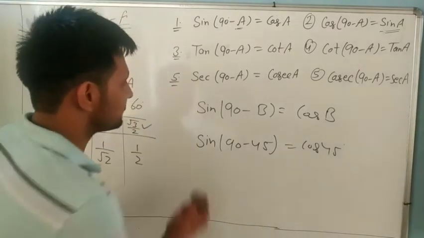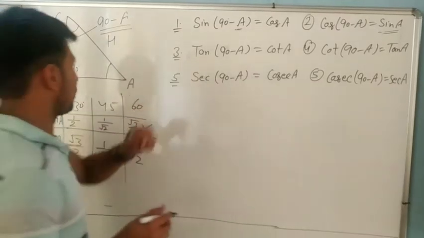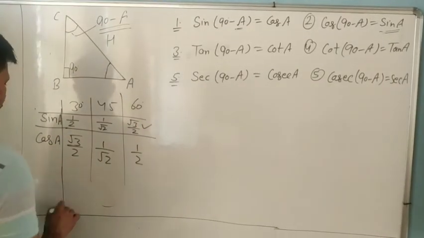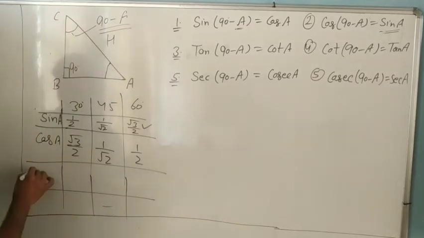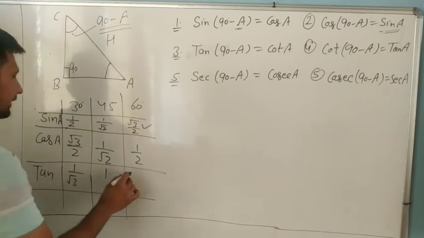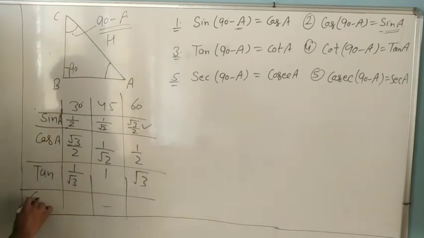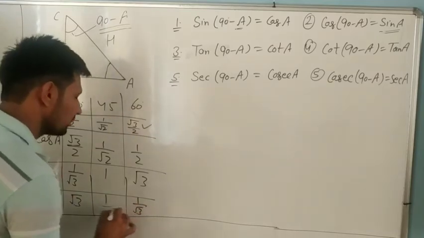Same as it is, you can find for tan and cot also. Tan 30 is 1 upon root 3, and cot 30 is root 3. Cot 60 is 1 upon root 3.